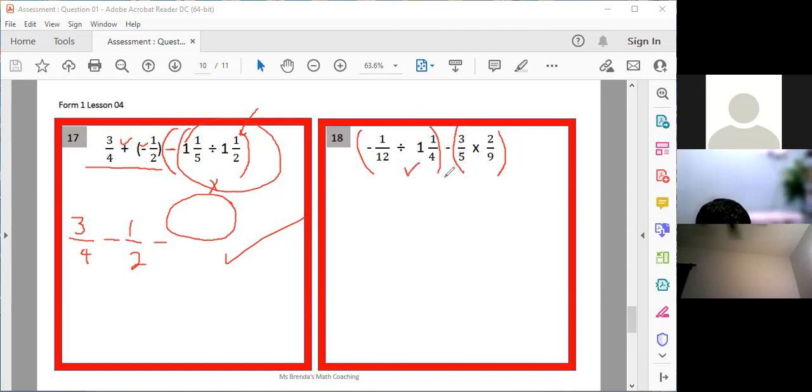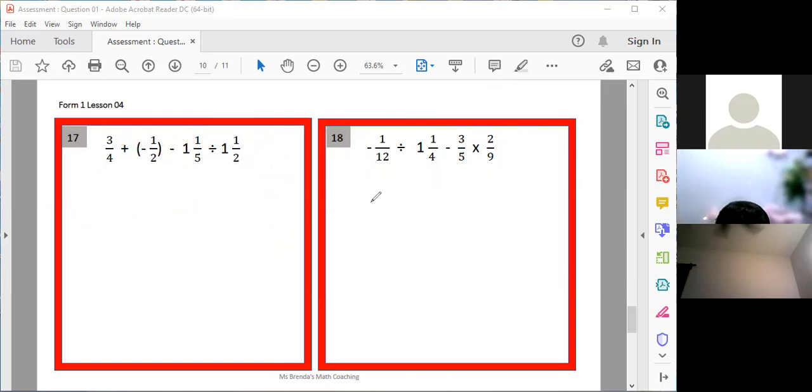Whatever answer I get here only will minus with whatever answer I get here. Do you understand? This question now asks you to use your brains to apply the principles of BODMAS. That's what it's doing. Put in that bracket where you need to put it first. Faham ke?